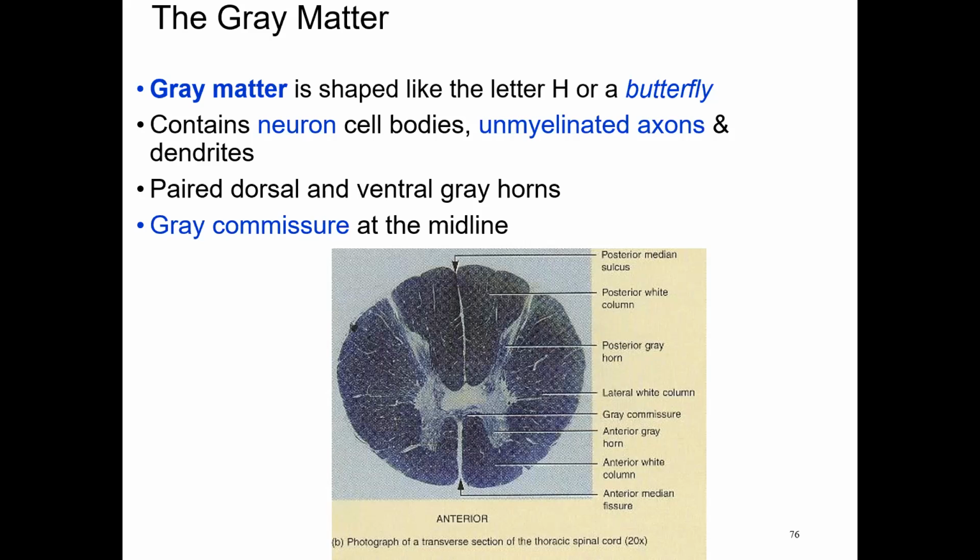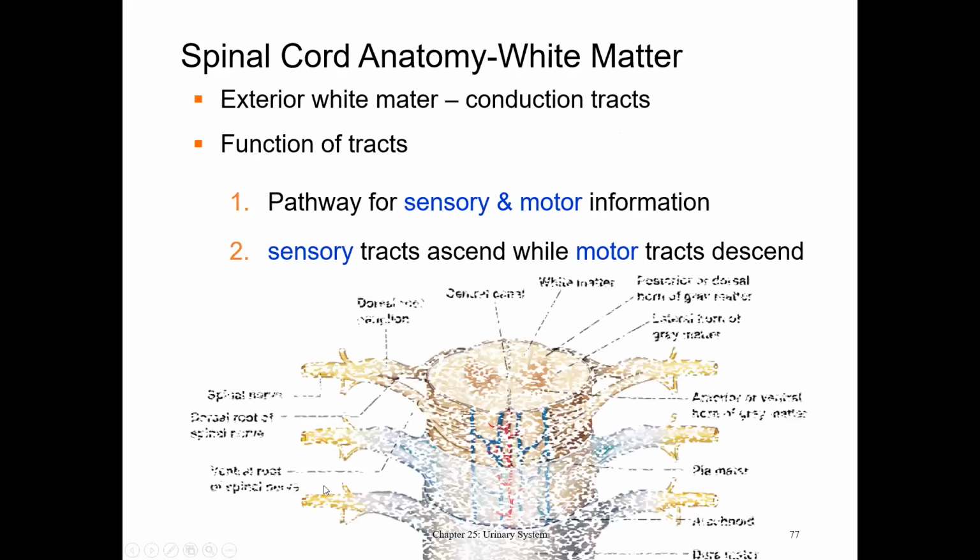So we see this is the anterior region here. These are the dorsal horns out here, and these are the ventral horns down here. Dorsal horns are on the back side, ventral horns here. This is sensory input on the dorsal side and motor output on the ventral side.